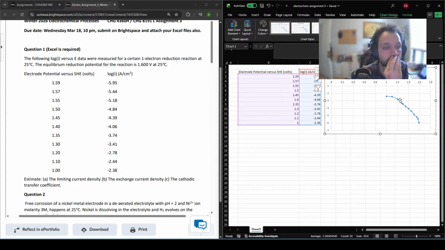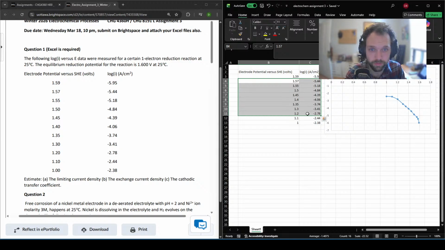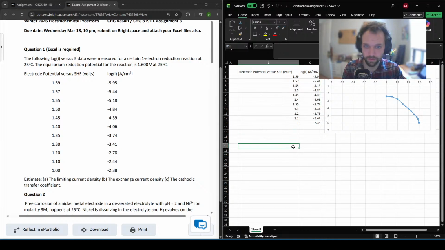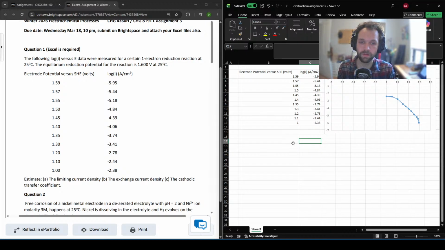So take the straight section here and fit a curve to that. So that is 1.2. And then here we have 1.75. So from 1.2 to 1.75. We have mx plus b.